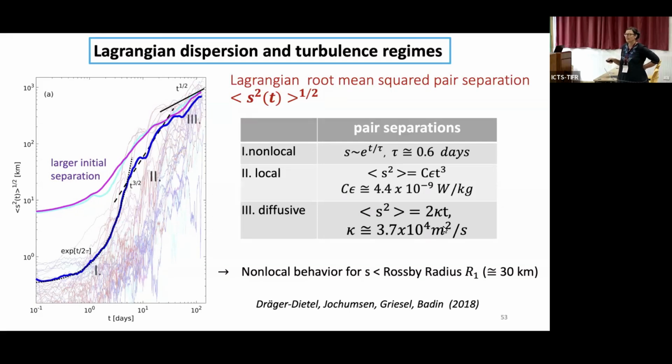It should be stressed that it is really important to have a very small initial separation distance for your particles. We deployed them in triplets with a separation of about 200 meters. If you use a separation distance that is too large, you are not covering these regimes correctly.